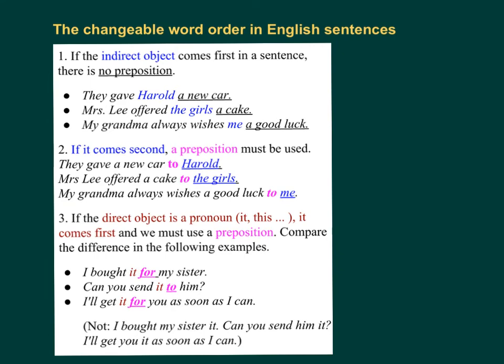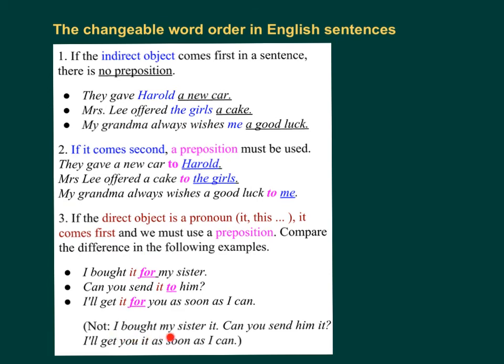If the indirect object is a pronoun, for example it or this, and when it comes first, then we must use a preposition. Let's compare the difference in the following examples. I brought it for my sister.